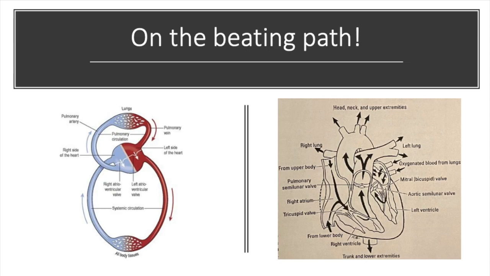So what happens in the pulmonary circulation? That deoxygenated blood enters the heart's right atrium from the largest veins in the body, the superior vena cava and inferior vena cava. And when the SA node initiates the cardiac conduction cycle, the right atrium contracts, pumping the blood into the right ventricle.